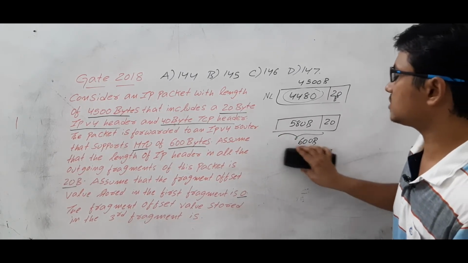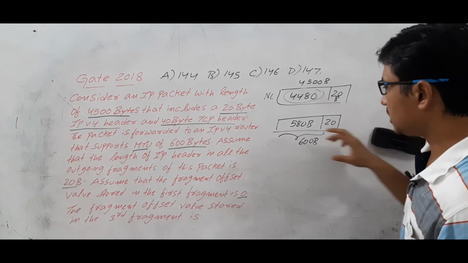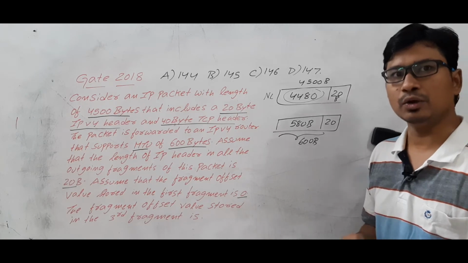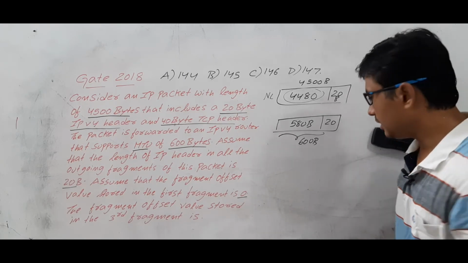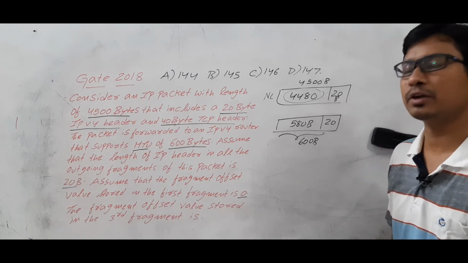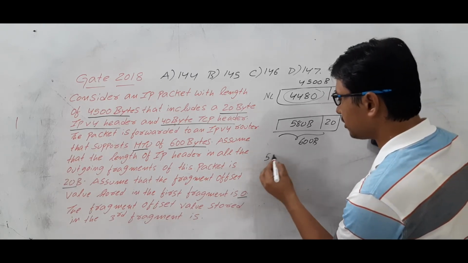The solution is that whatever data you are sending, you have to divide by 8. Those values only you have to keep in the fragment offset. Let's take that you are sending 580 bytes.